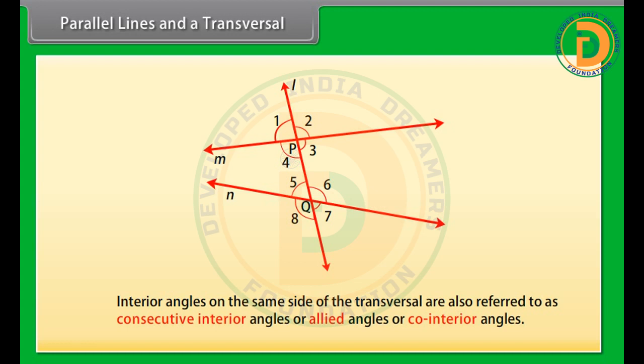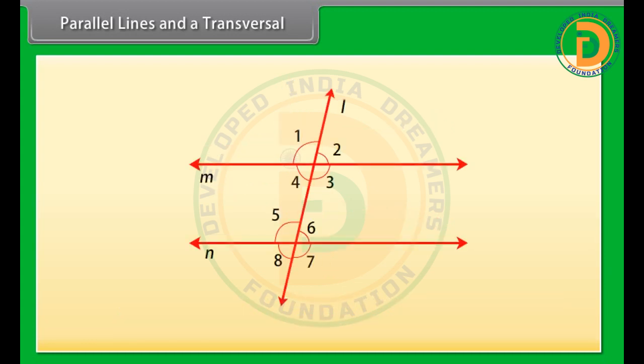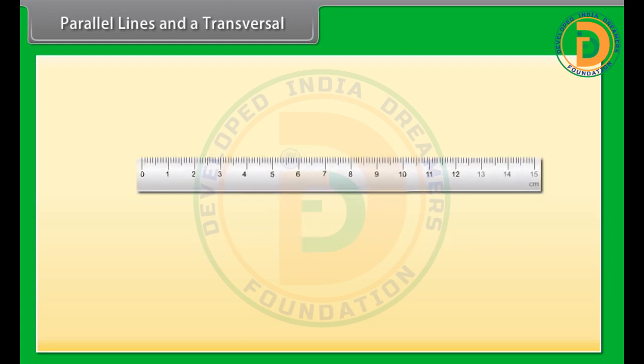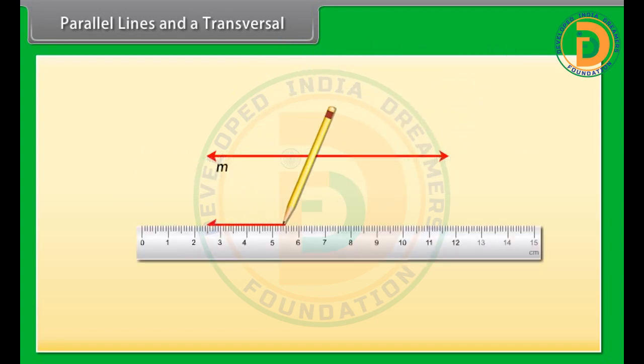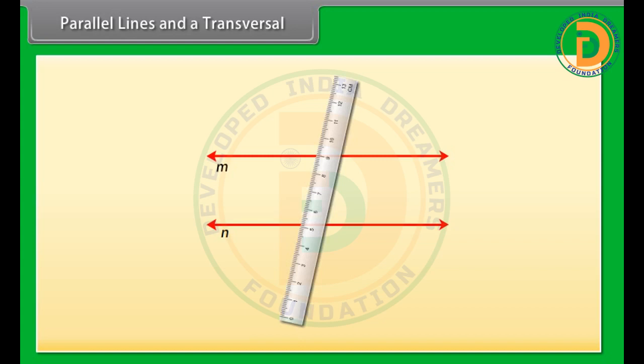Interior angles on the same side of the transversal are also referred to as consecutive interior angles or allied angles or co-interior angles. Now let us find out the relation between the angles in these pairs when line M is parallel to line N. So, with ruler and pencil, draw two parallel lines and a transversal to intersect them.